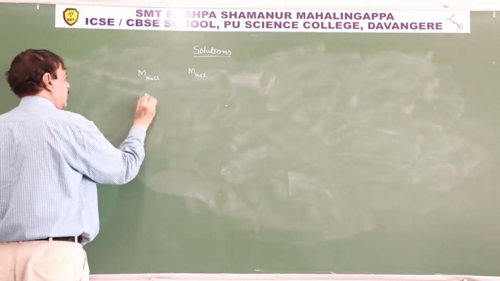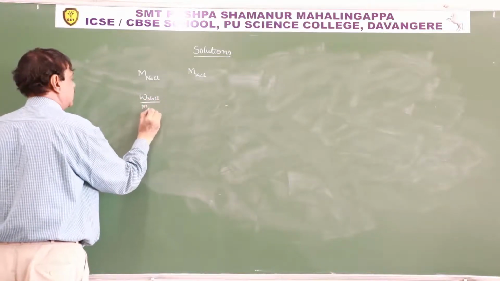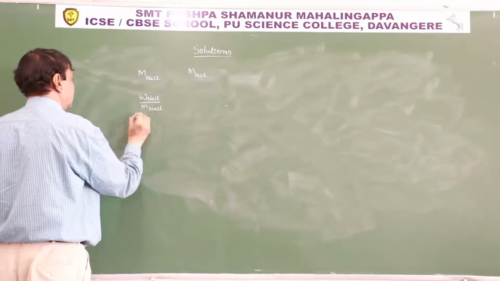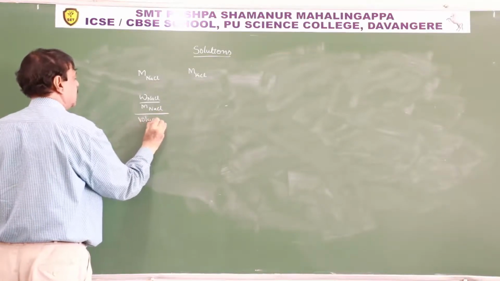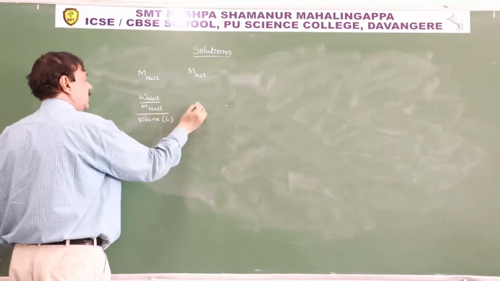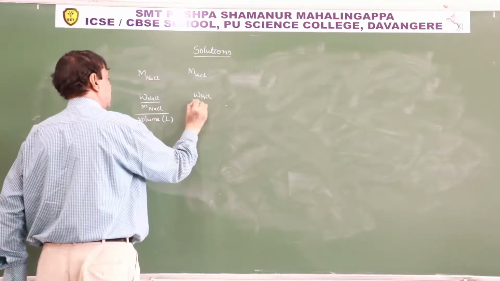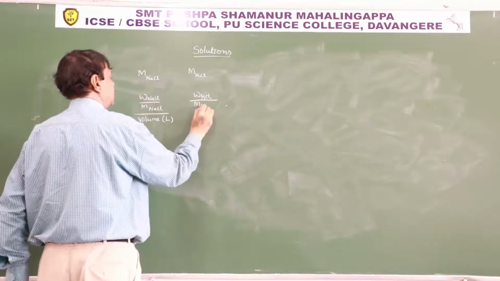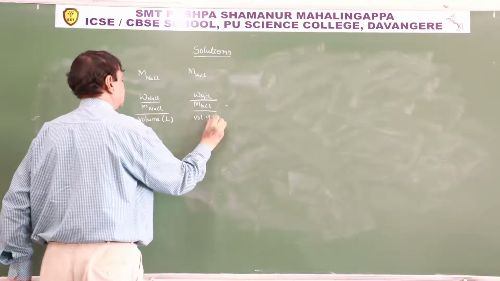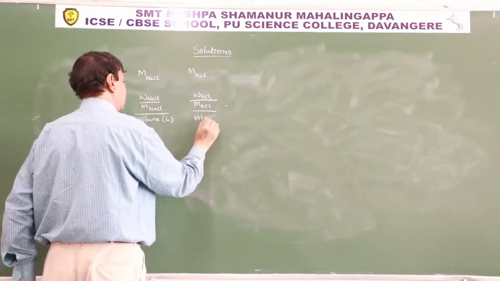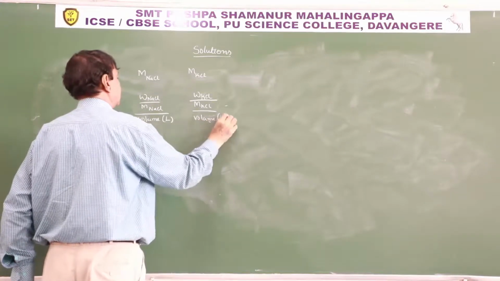Now, weight of sodium chloride divided by molecular mass of sodium chloride divided by volume of the solution in liter. Here, weight of potassium chloride divided by molecular mass of potassium chloride divided by volume in terms of liter.